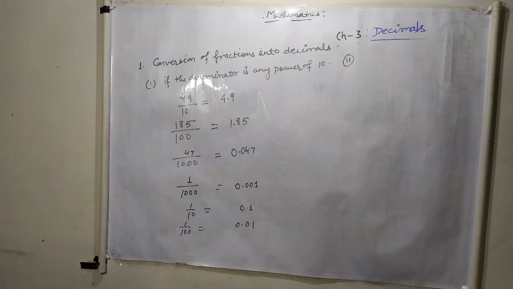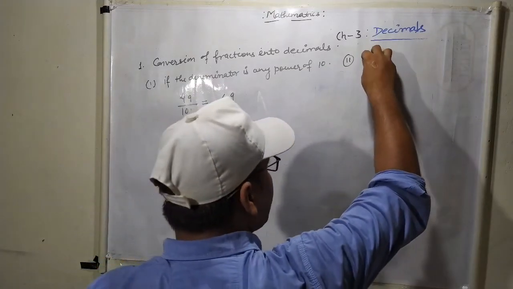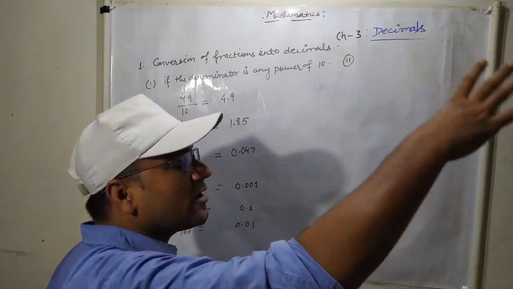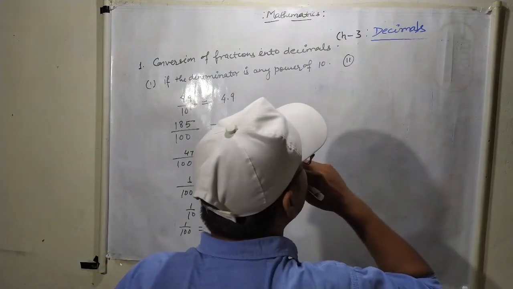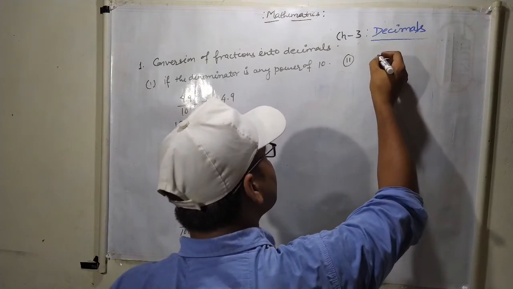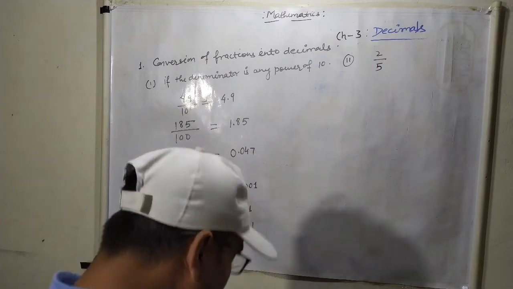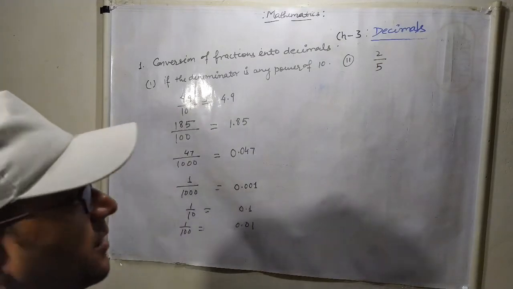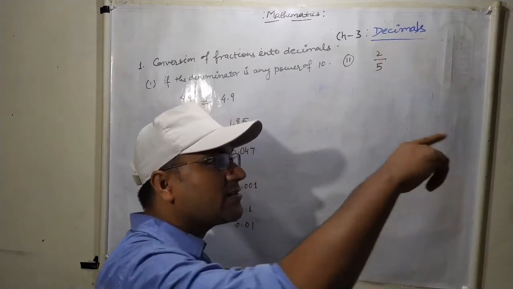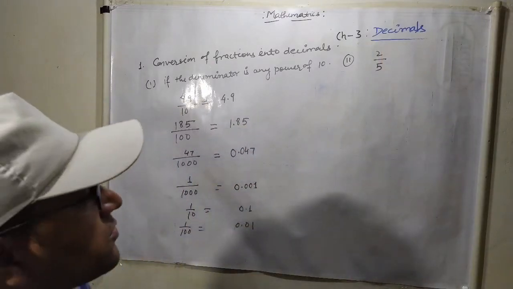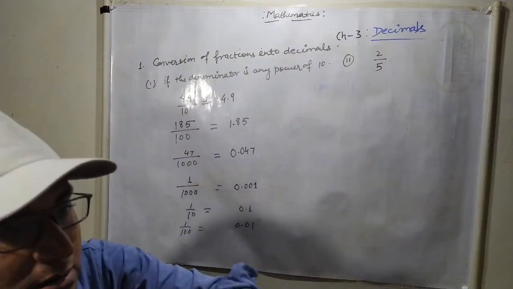For example, 2 upon 5. How will you convert it into a decimal number? Very easy. Your aim is to change this denominator into a multiple of 10. So by which quantity will you multiply this 5? You will get 10, 100 or 1000.